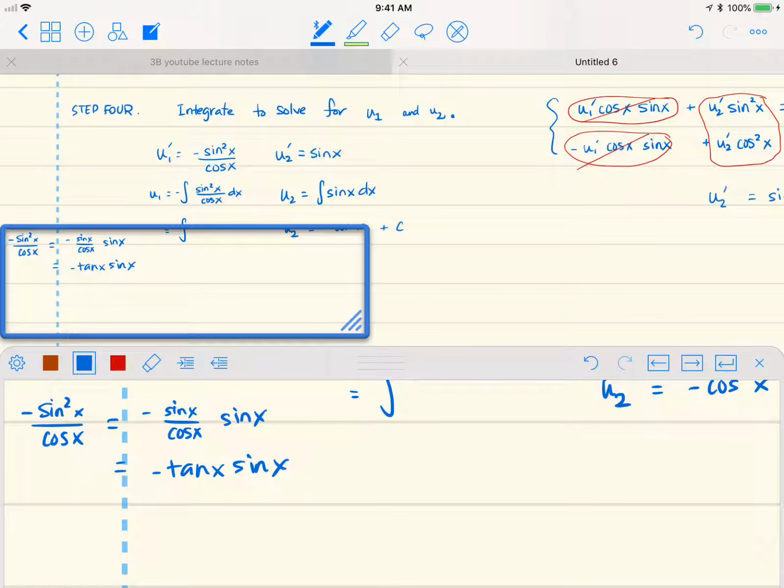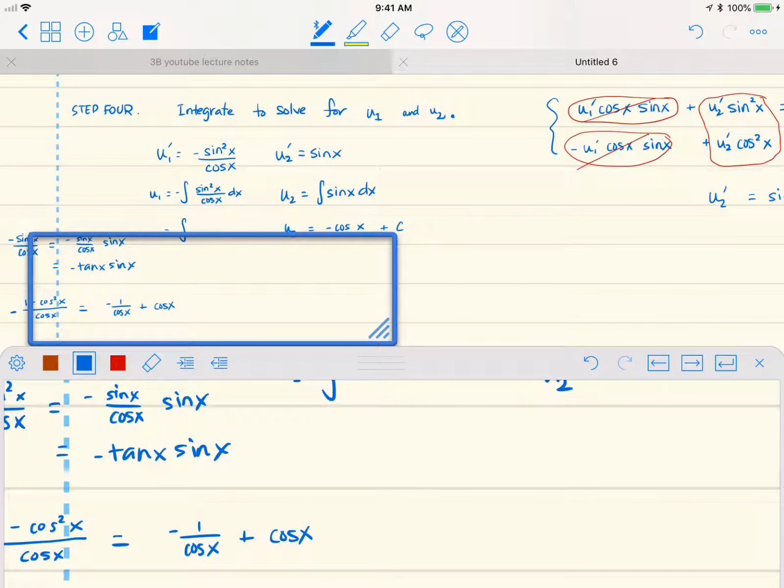So instead of rewriting u1 prime like this, let's recognize that sine squared is equal to 1 minus cosine squared. Okay, so we've got this over cosine x. Now we've got negative 1 over cosine x plus cosine x. And this we can rewrite as negative secant x plus cosine x.